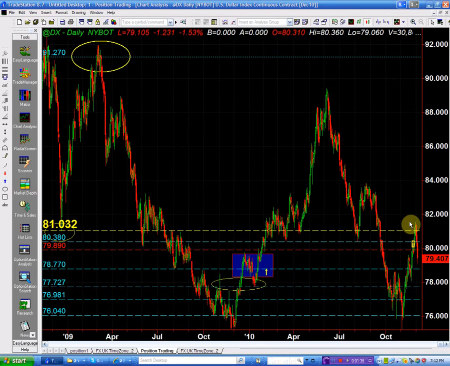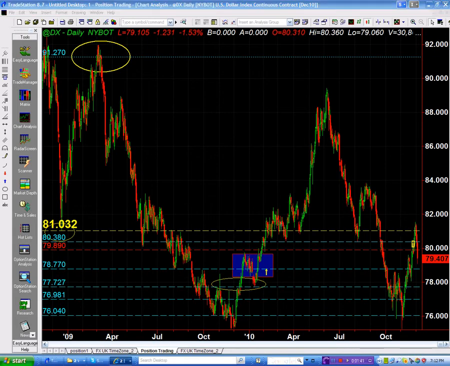That was the bias. We were looking for a test of the other structural point, which is the 81.03, and for this move to break above it, hopefully with a continuation towards the 84 level.